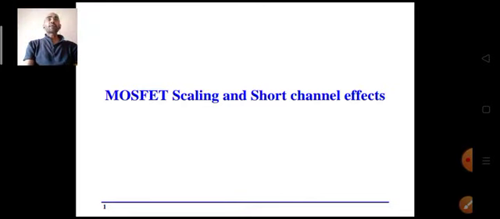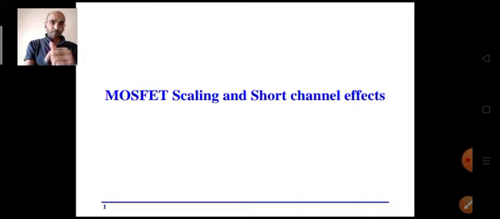One of the biggest advantages of using MOSFET in various ICs nowadays is that it is a surface technology, and it provides the advantage of scaling. Scaling can be easily done on surface devices, and as MOSFET is a surface device, scaling can be done much more easily for MOSFETs than for BJTs.